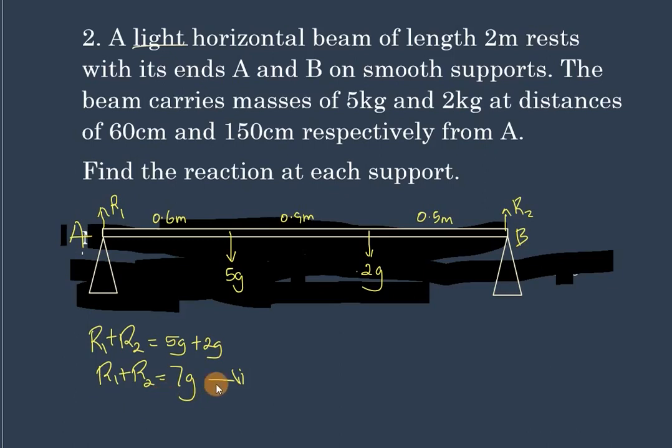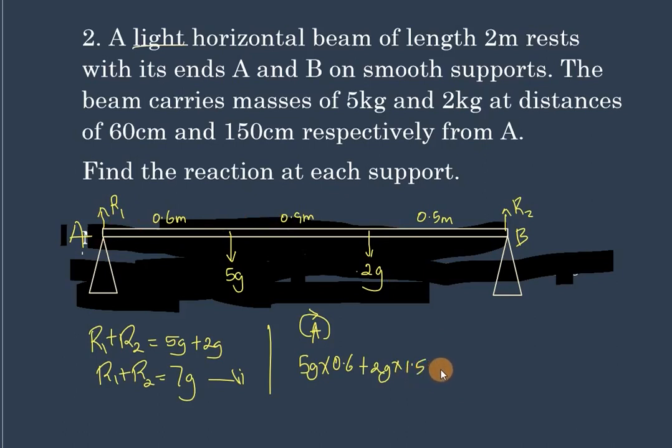And then after that, we can take a moment about the point A. If we take a moment about A, we shall be doing away with R1, because R1 passes through the point A, so it has no moment about A. So we shall have 5G times its distance from A, 0.6, plus 2G times its distance from A, 0.6 plus 0.9, which is 1.5 meters.